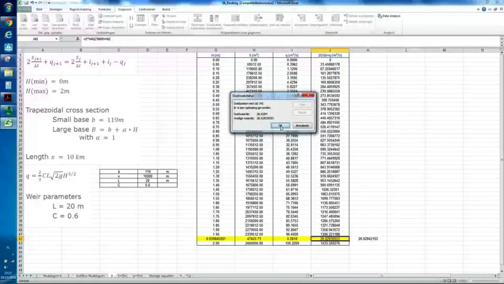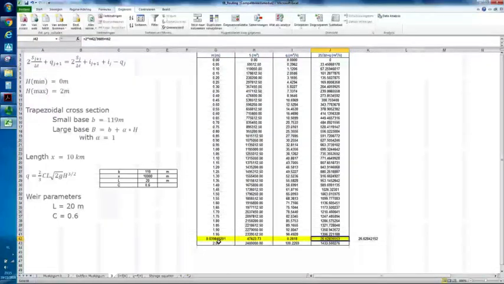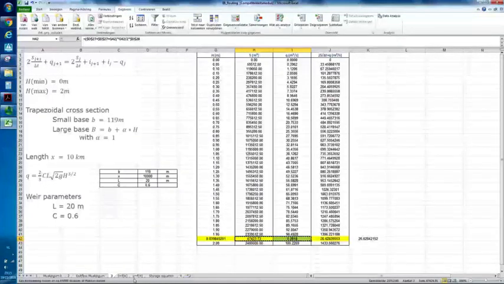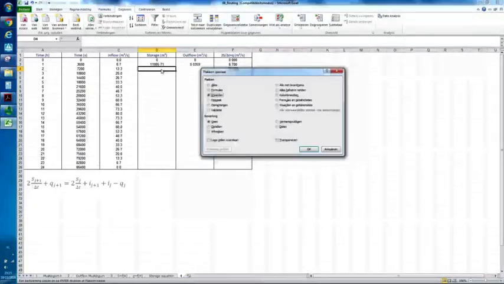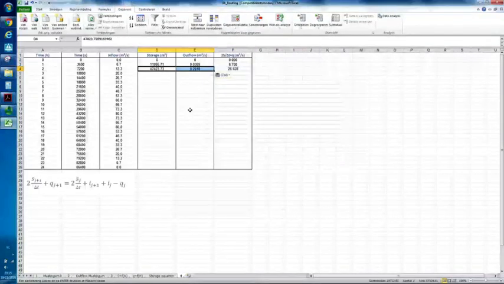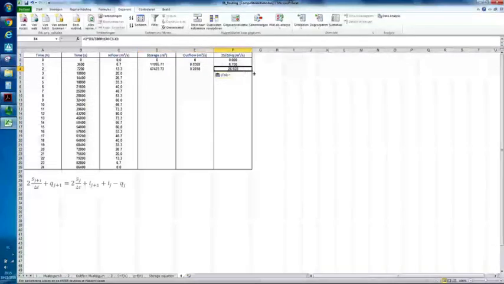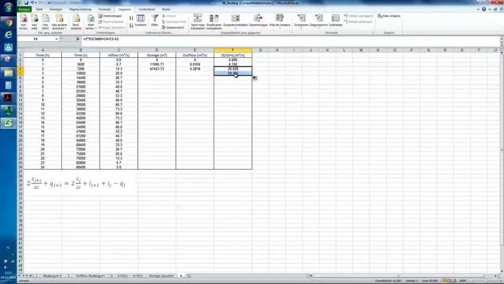And so we get a value of h where we also have a corresponding value of s and q. So we fill that in over here, like this. And then again we can do the same for the next time step.